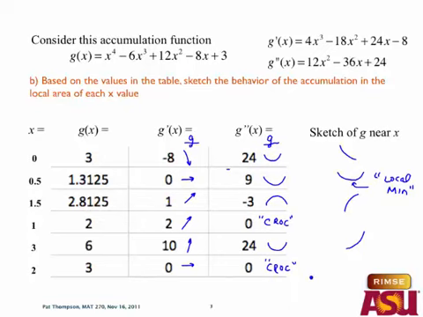An example of that might be like x cubed. Right there, the accumulation pauses, and also the rate of change pauses. So the accumulation pauses and the rate of change pauses. So it's momentarily horizontally linear.